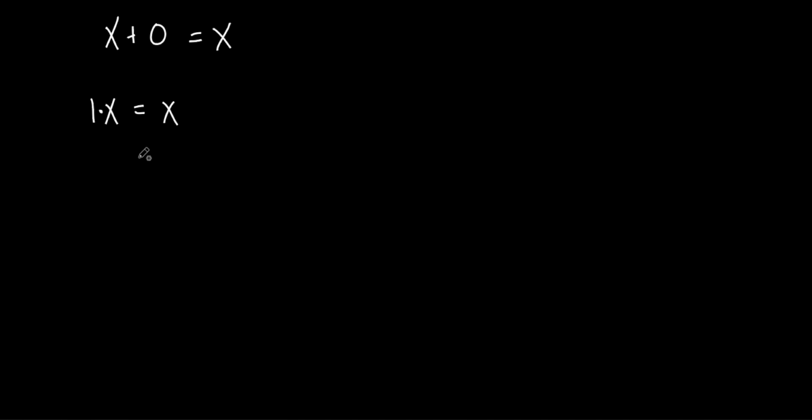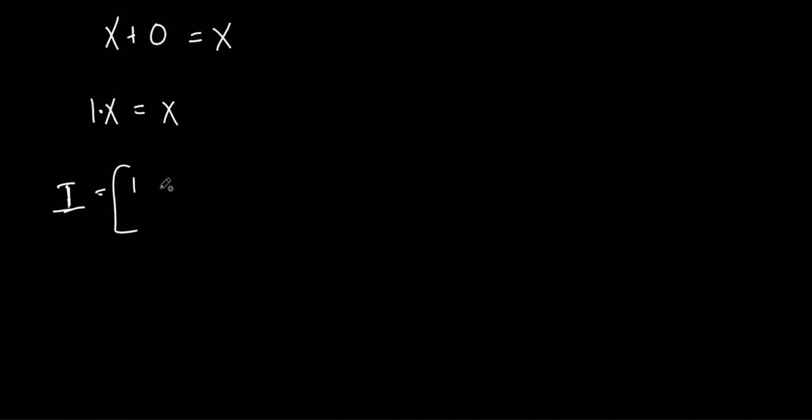Okay, so multiplying by a 1 is multiplicative identity. But there's also multiplicative identity to matrices. All right, I'll show you what it looks like. A multiplicative identity is always going to be a square matrix, which means it's going to be a 2 by 2, 3 by 3, 4 by 4, and so on. Okay, so here's what the first multiplicative identity looks like. I'll call it capital I, for identity, right?